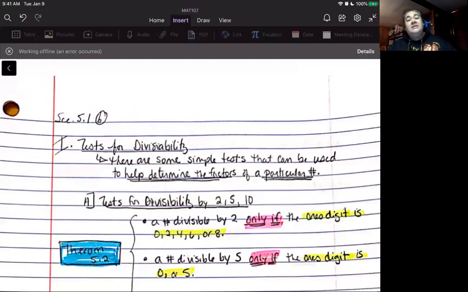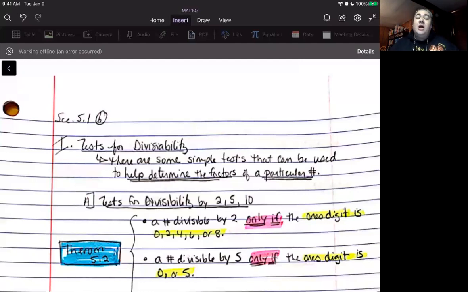Divisibility can also be used by finding a number that divides into the composite number evenly, with a remainder of 0. If that is the case, then that number is a factor of the composite number, along with its corresponding quotient.